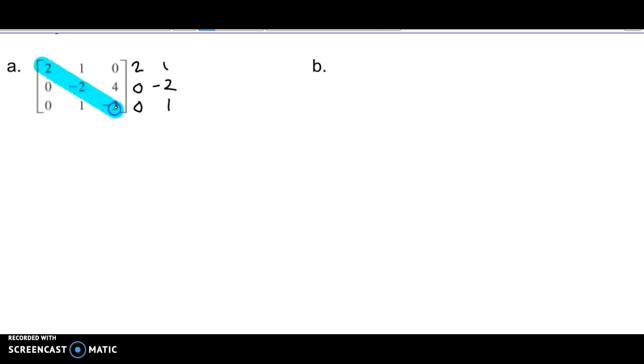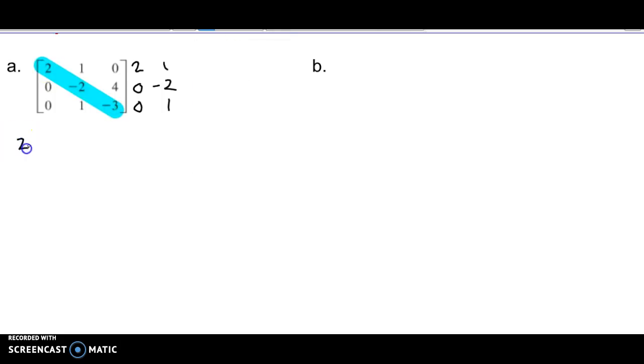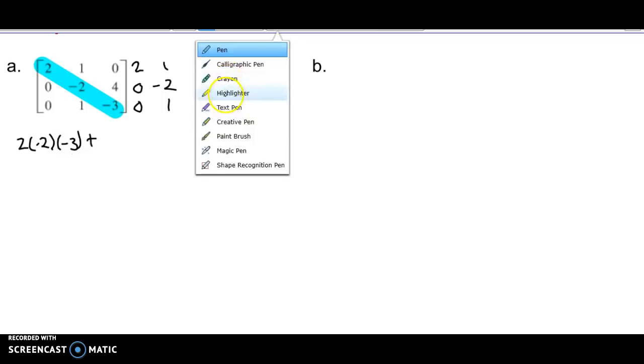I'm going to scroll down and make that diagonal. But while making this diagonal, I'm going to go ahead and multiply all of these. So I have 2 times negative 2 times negative 3. All right, plus, I'm going to do this again.